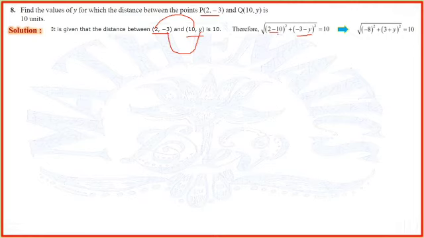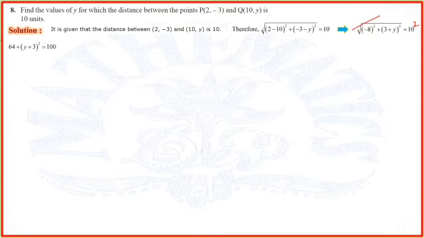Therefore 2 minus 10 is minus 8, and for minus 3 minus y, minus we have taken common since its square is there, so square of minus is plus, and (3 + y) whole square is equal to 10. Now squaring both sides, the square of 10 and the square root is gone.